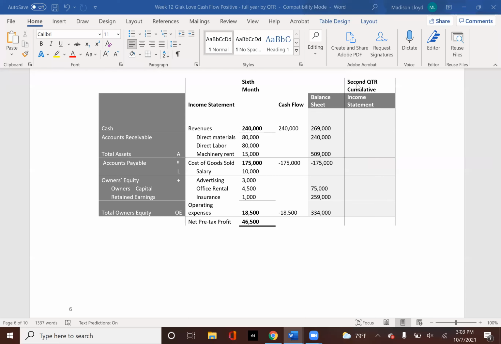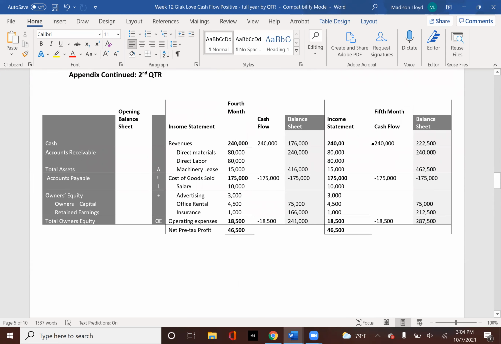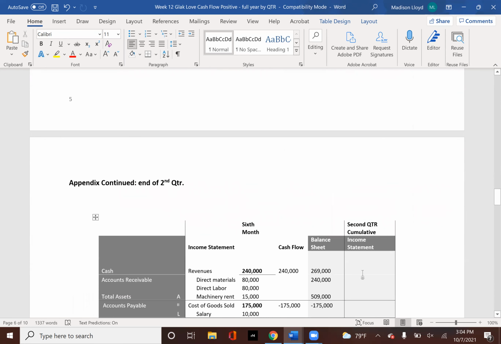I left the second quarter cumulative blank because we'll do that together, since I haven't got that far yet. For our second quarter cumulative, we're going to add all of our revenues from our fourth, fifth, and sixth month together.